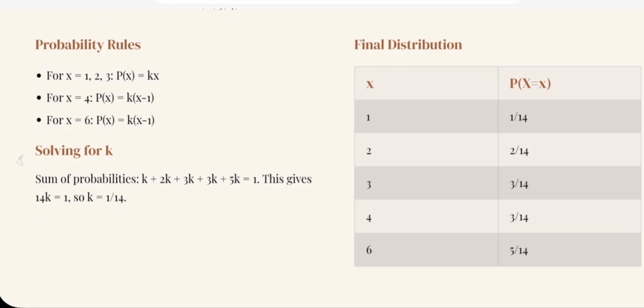We've got 0.2 plus 0.2 plus 0.2, we've got 0.6 so far. So k must be 0.4, because all of the probabilities of the events have to add up to one whole. So there we have our probability distribution for x.